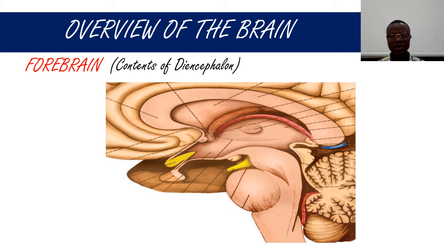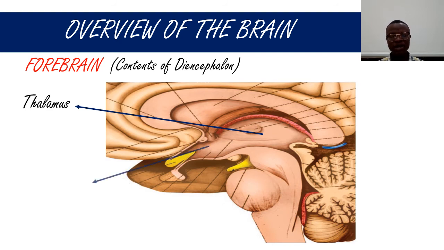And as per our last discussion, we stated that the third ventricle has the thalamus located on the lateral side forming the lateral wall. So, discussing the structures of the diencephalon, what we are looking at here is the thalamus.